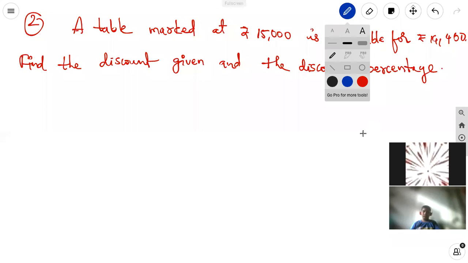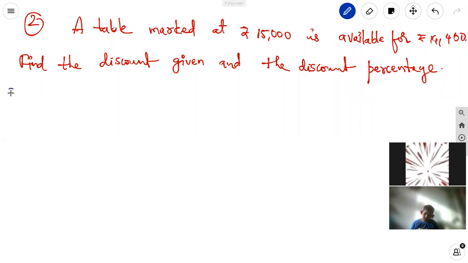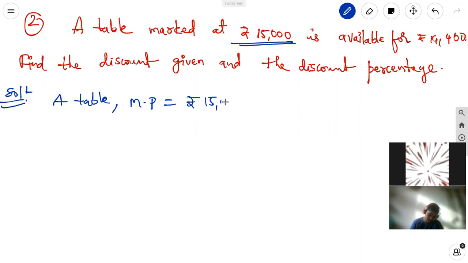Second problem. A table marked at 15,000 rupees, that is nothing but a table market price equal to 15,000 rupees, is available for 14,400 after discount.